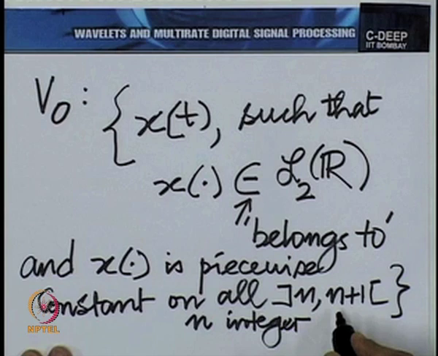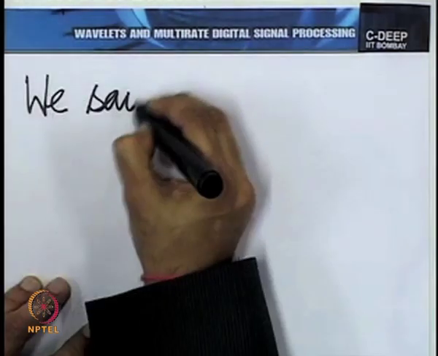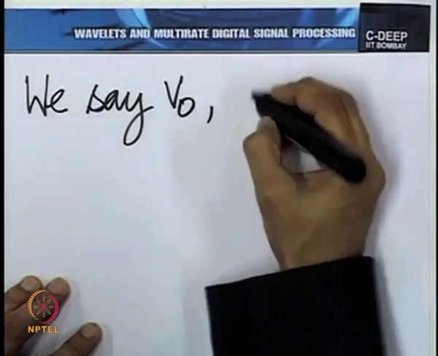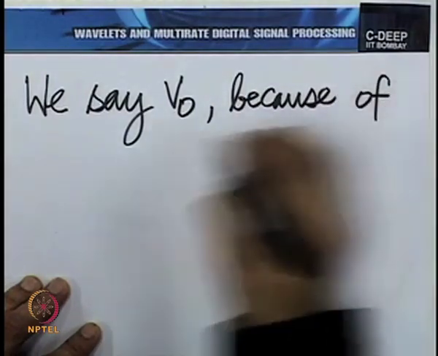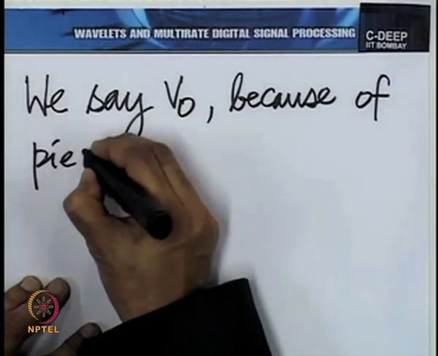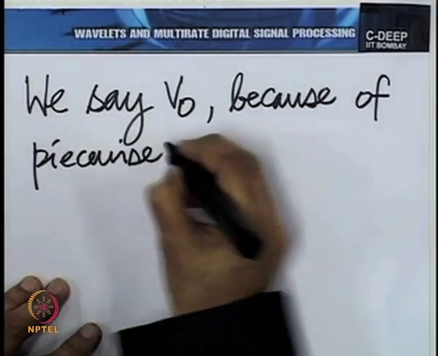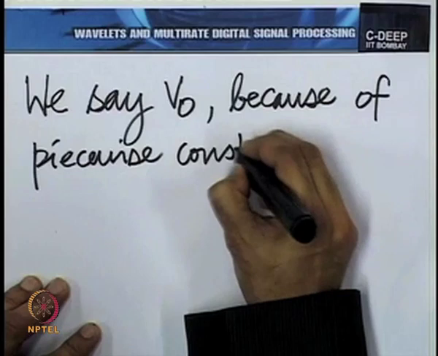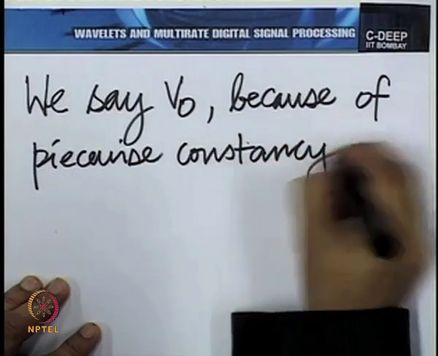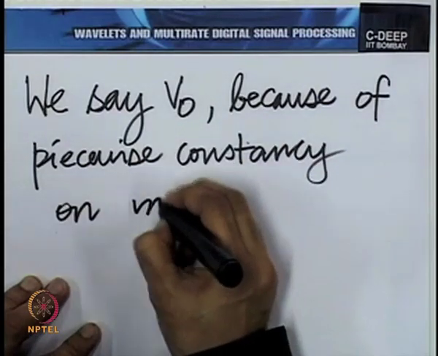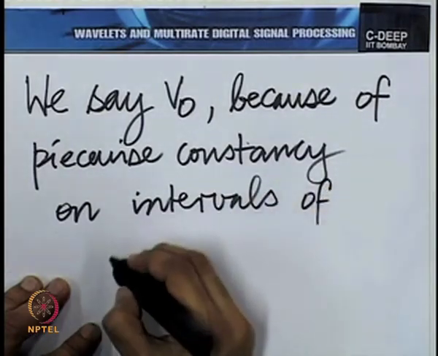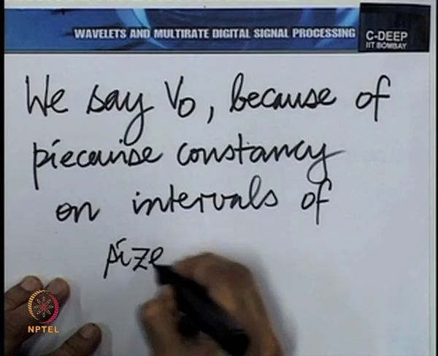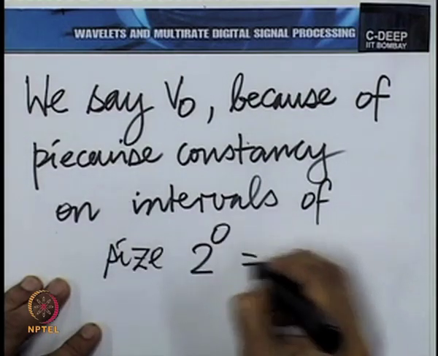So, we say V 0 because of piecewise constancy on intervals of size 2 raised to 0, which is 1.